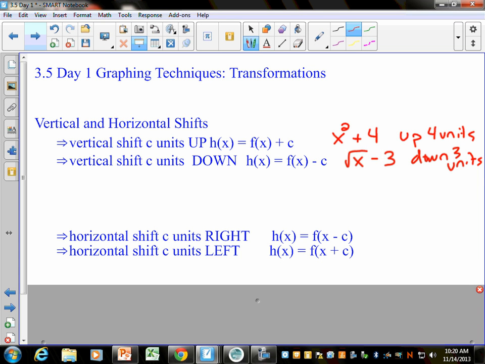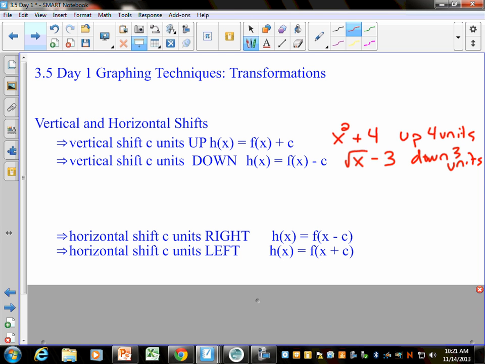Notice the difference in this. Now you're adding or subtracting the number inside the function. Also notice the signs are kind of opposite of what you think. If you're moving to the right, you probably would think you're adding a number, but you're not.